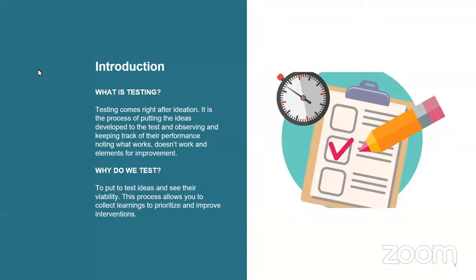And why do we test? We test to put ideas to the test and see their viability. The process allows you to collect learning, to prioritize and improve interventions. And I keep telling you guys that when you're testing, you're taking your product or your service to the community.